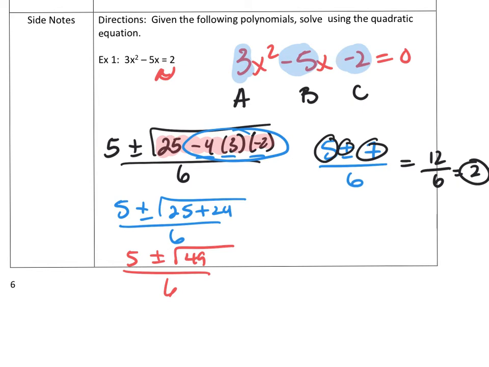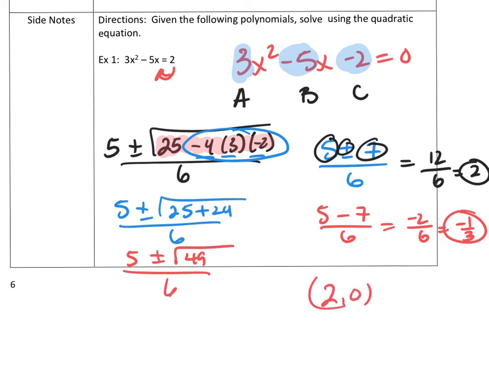I'll rewrite it down here. 5 minus 7 is -2 over 6, which is -1/3. So your two answers, if you wrote them in ordered pair format, which is super nice, are (2, 0) and (-1/3, 0). Those are the values where your equation would hit or cross the x-axis.